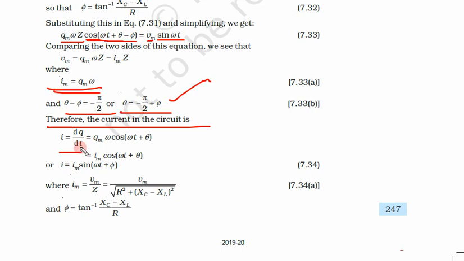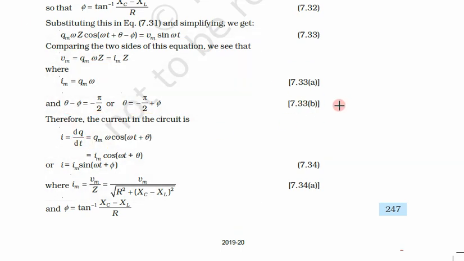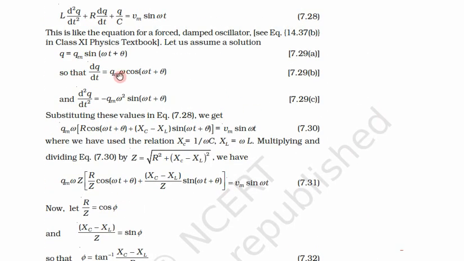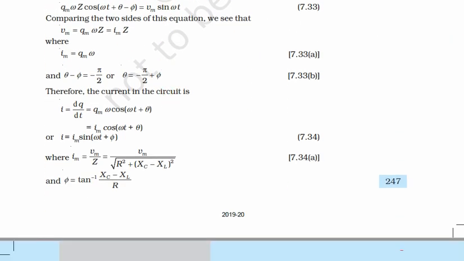This is Qm omega cos omega t plus theta, because we have already calculated dq by dt here. So current I is equal to Qm omega cos omega t plus theta. Since Qm omega is Im, this becomes Im cos omega t plus theta, or I is equal to Im sin omega t plus phi, because we have put in the value using the identity.